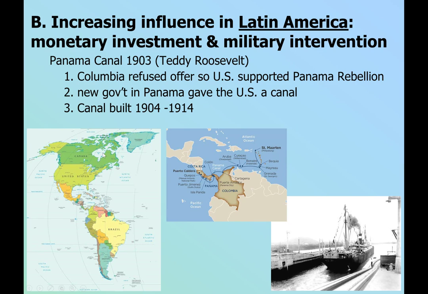So if you want to move your ships between oceans, you can more easily do that now by the time World War I begins. Okay, but all of this is just demonstrating, look, the United States was taking this more active role and we're willing to use the military and we're willing to intervene in Latin America and South America.